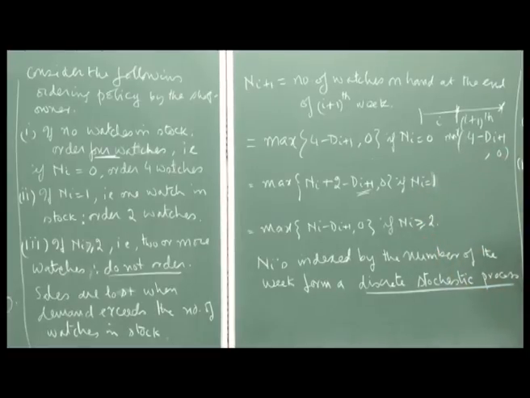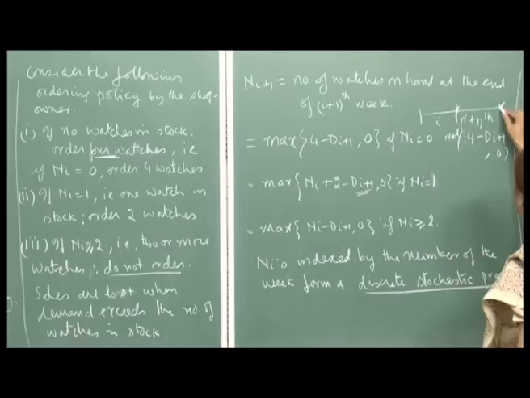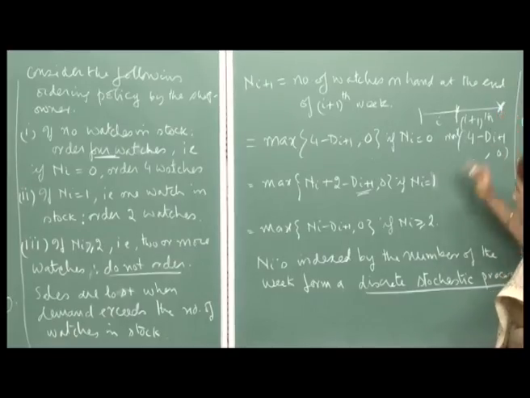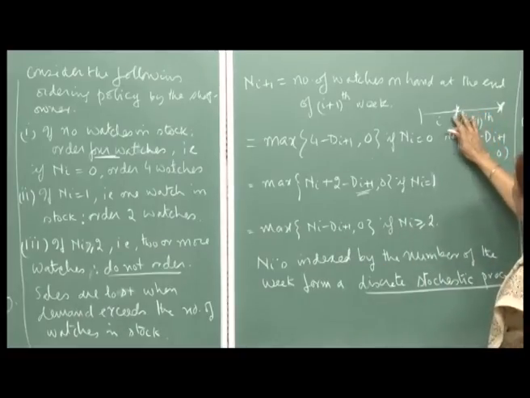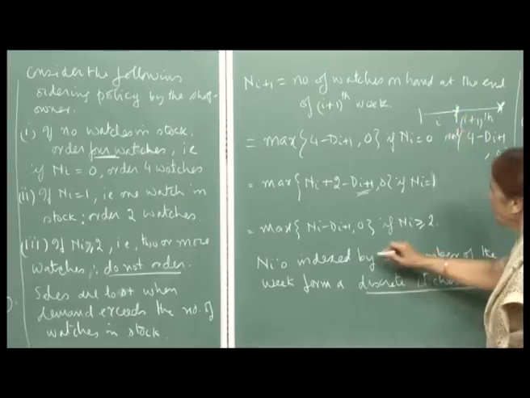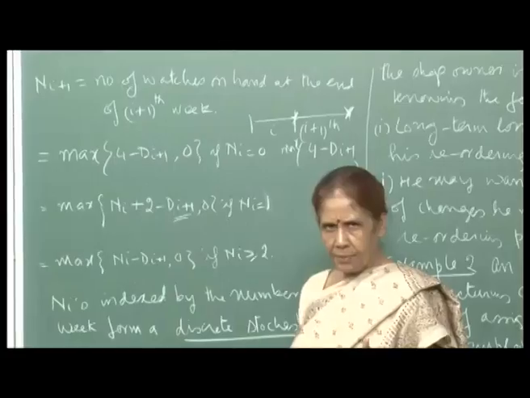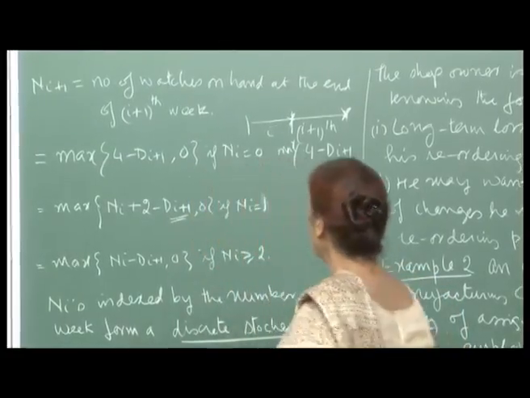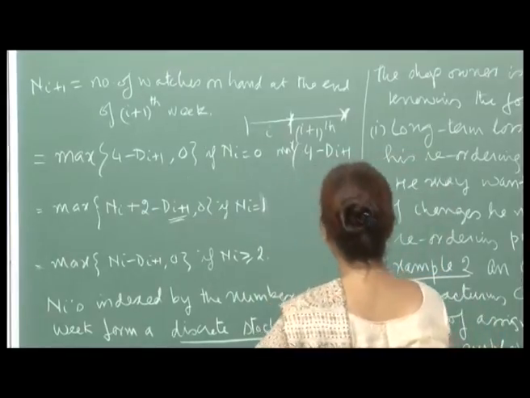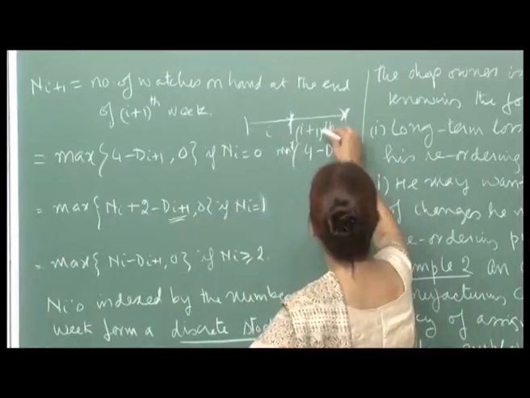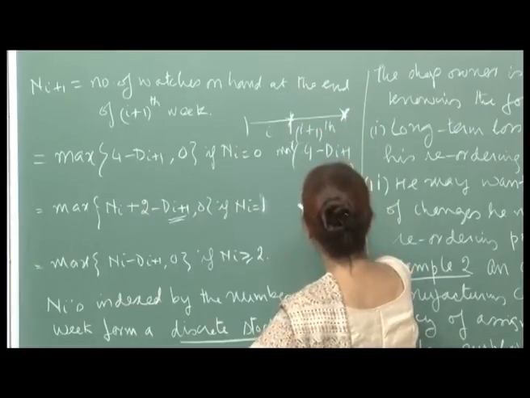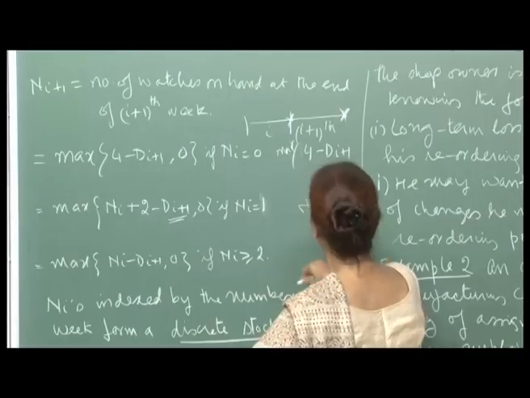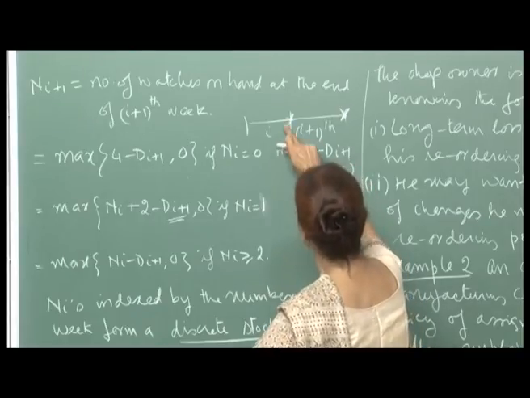So, you see the situation at the end of the (i+1)th week is dependent on your situation at the end of the ith week and the demand. So, here are 2 random phenomena on which your state of the system, if you want to call it, that means the state occupied by the system at the (i+1)th week is given to you by n_{i+1}, right, and here this is the current state.